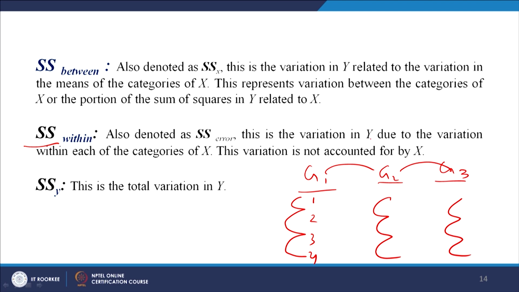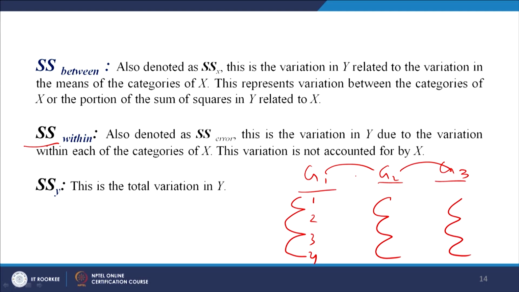This is the variation in y due to the variation within each of the categories of x, and this variation is not accounted for by x. That means it is not accounted for by the independent variable, it just happens within the variables inside the independent variable.